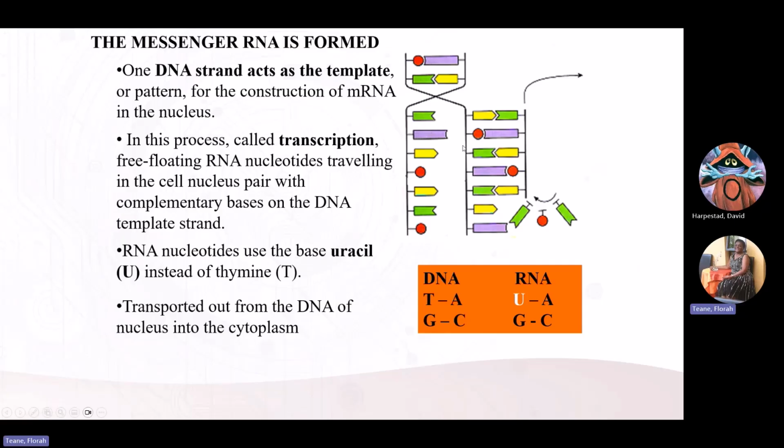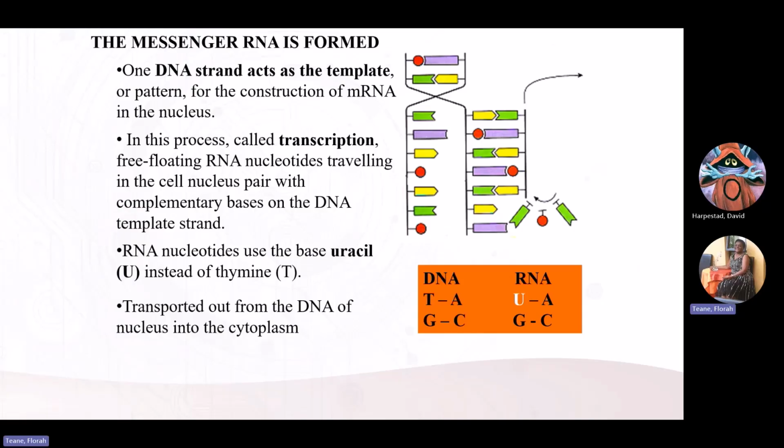Now, here is the DNA molecule. The strands are now separated. Here is the messenger RNA developing. And how? Just like the DNA molecule, which has got nucleotides in the nucleoplasm, same applies to RNA. In the nucleoplasm, there are loose nucleotides for the RNA molecule. So they are going to arrange themselves according to the template maintained by DNA.